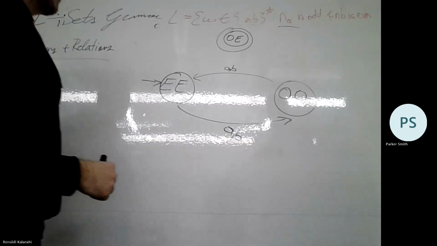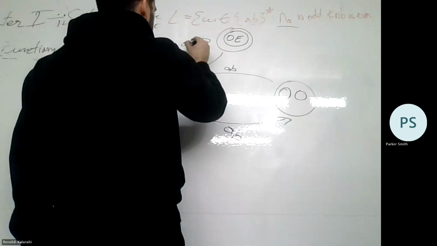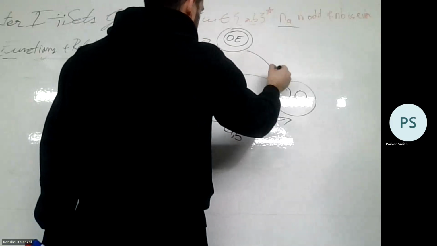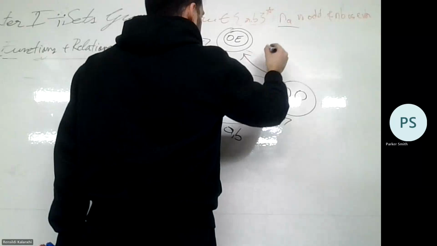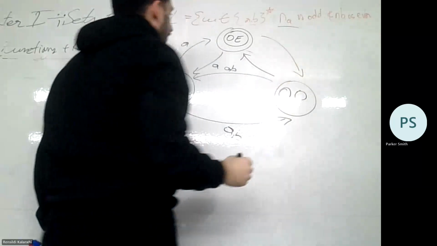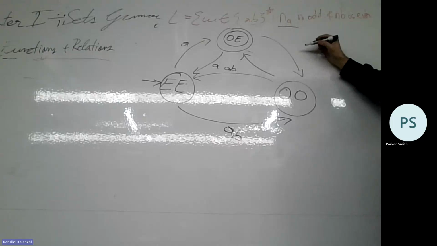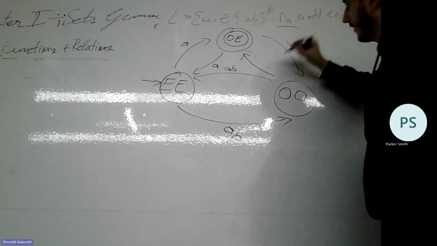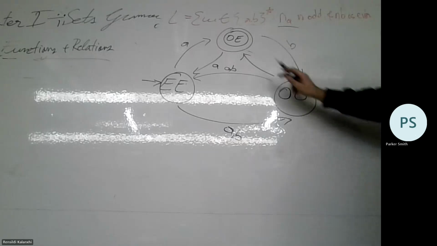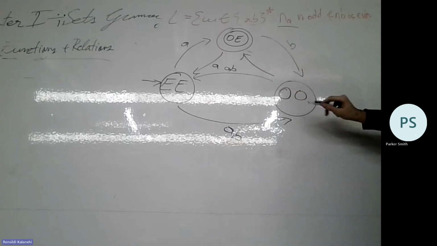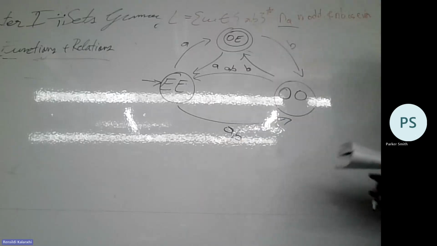So we still keep it the same. A, B, or B, no, it was BB, sorry. BB, because we changed it. Yeah, just to make sure we want even Bs.